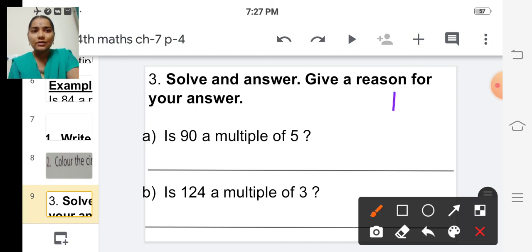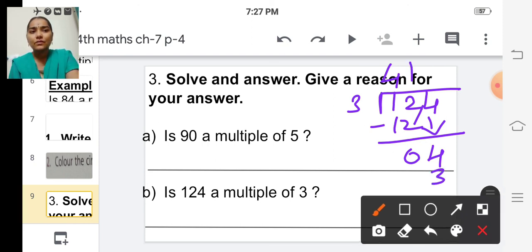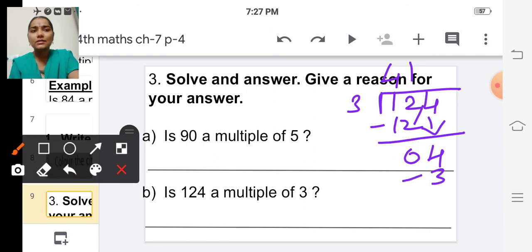So 124 divided by 3. If we take 12, then 4 threes are 12. Subtract 0 and bring down this 4 here. So 1 three is 3. So if we subtract, then we get the remainder as 1.